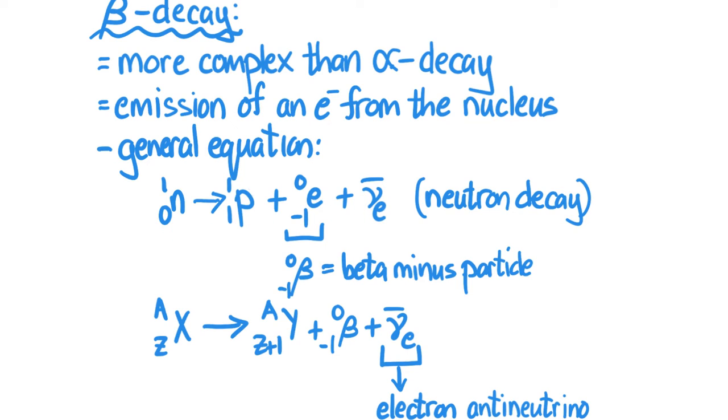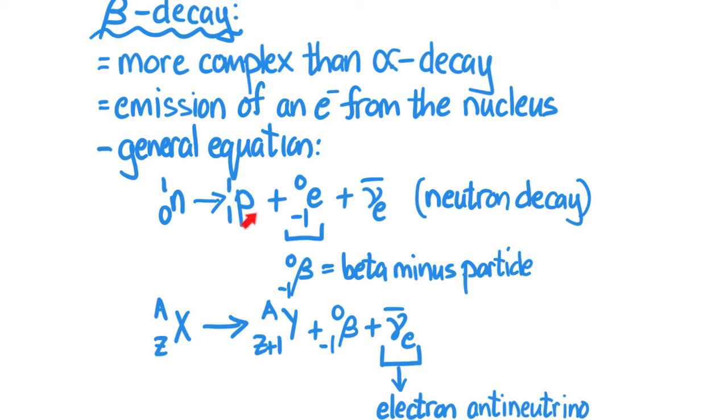If we look at the general equation from an overall nuclear perspective, or nuclide perspective, then we have a nucleus that has a mass number A and an atomic number Z. Now, taking into account what's happening here, one of these nucleons is decaying into a proton. So the atomic number is going to increase by +1.